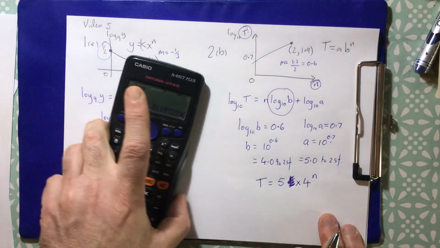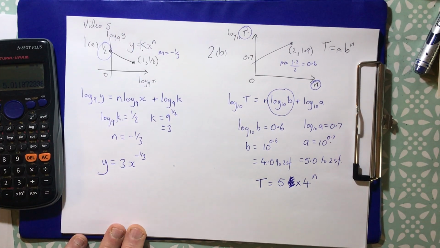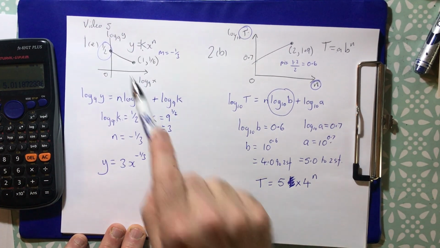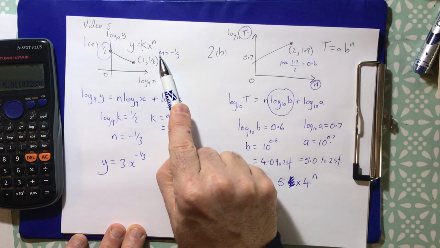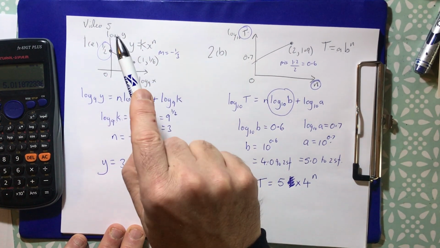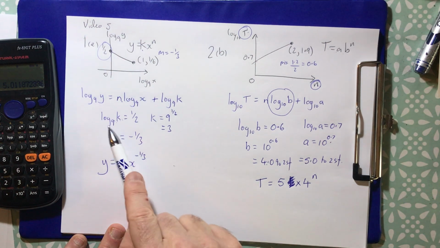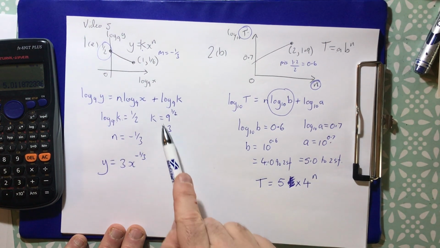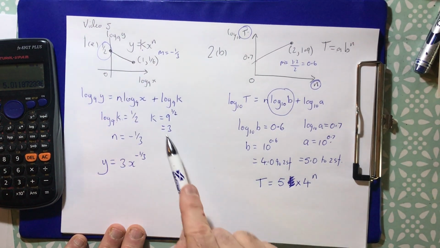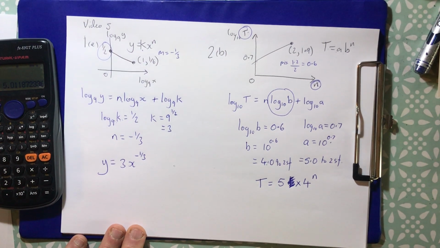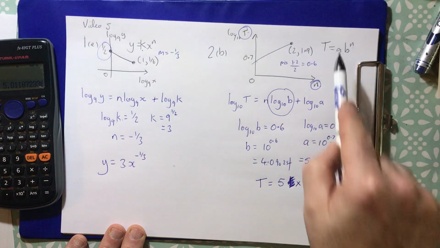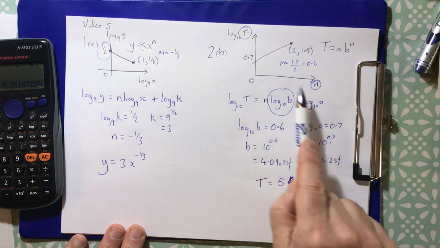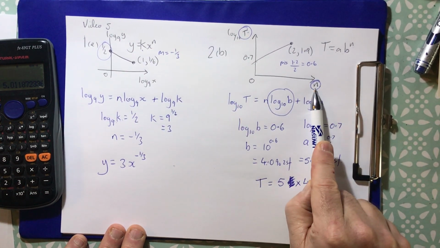Okay, these are quite tricky, but if you remember, if it's log against log, then the gradient is our power, and we need to raise to an exponential to find where it crosses the y-axis to find the multiplier. If it's an exponential graph, like this one, it will be log against whatever the variable is.